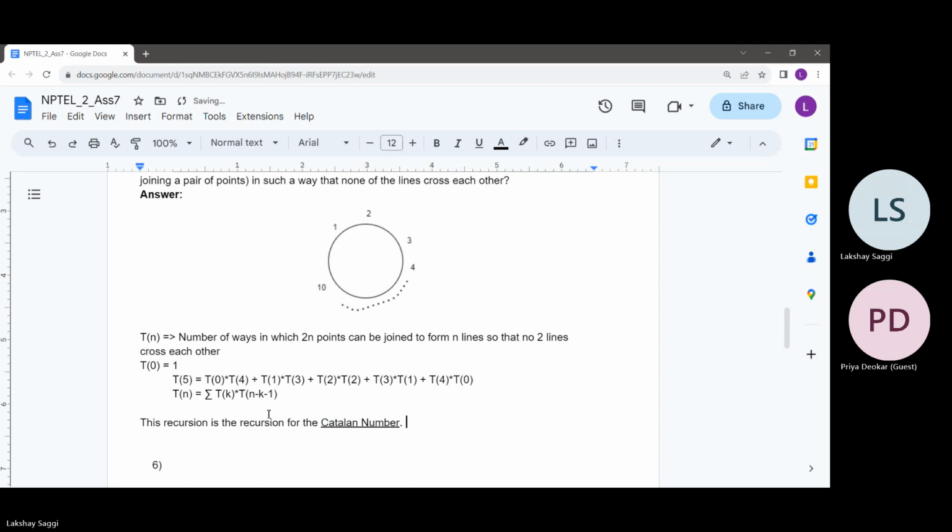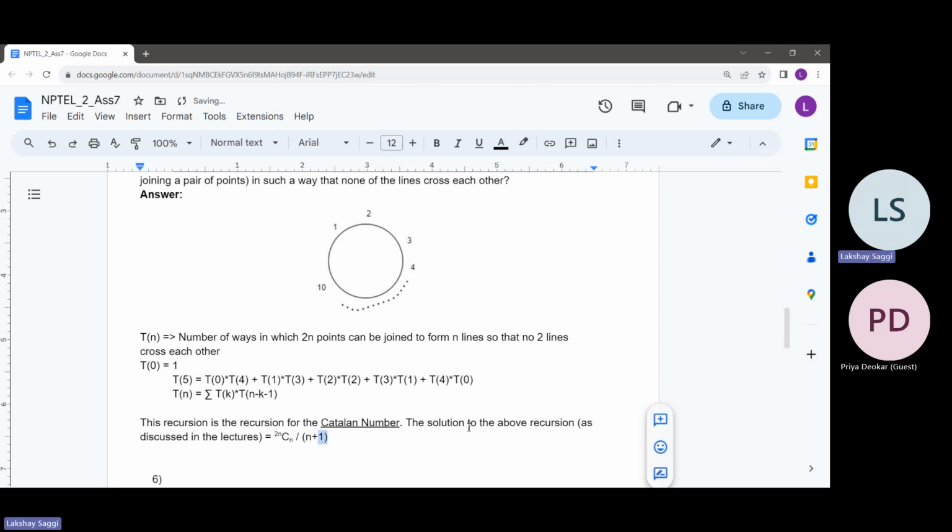And this has been derived in the lecture, so I'll not derive it, but the solution to the above recursion, discussed in the lectures, is nothing but this formula: 2n choose n, whole divided by n plus 1.